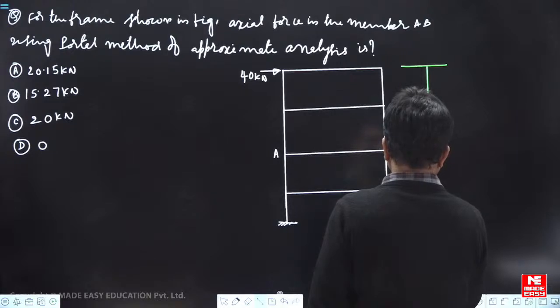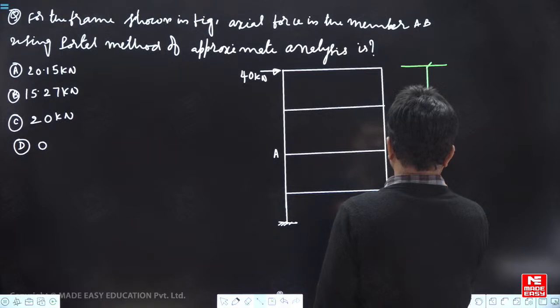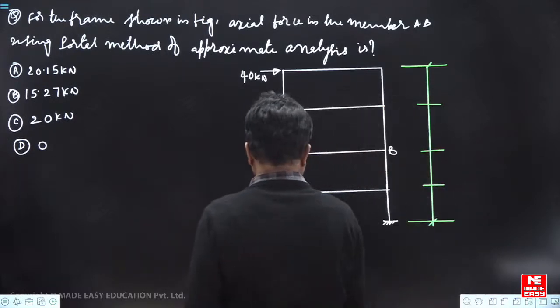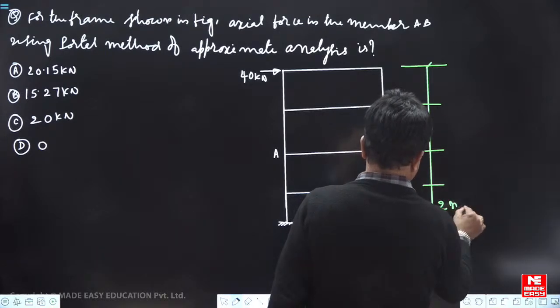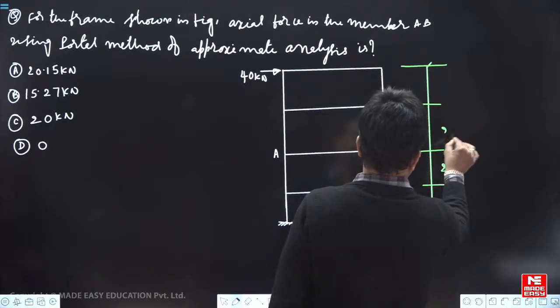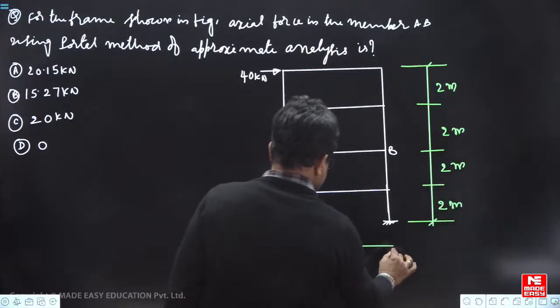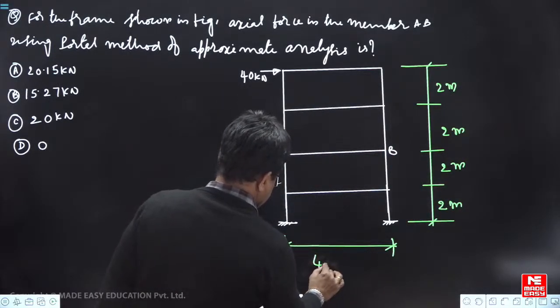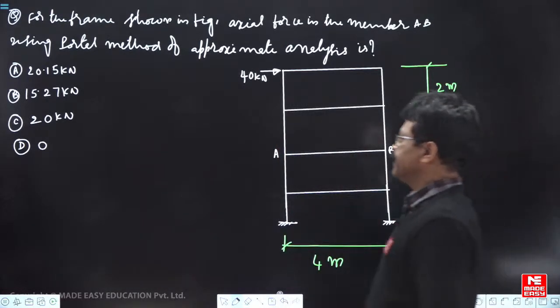Some lengths are given. This distance, let us say 4 meters. We want to find axial force in the member AB.